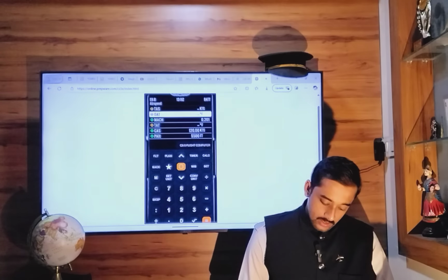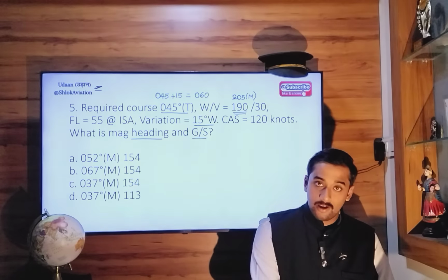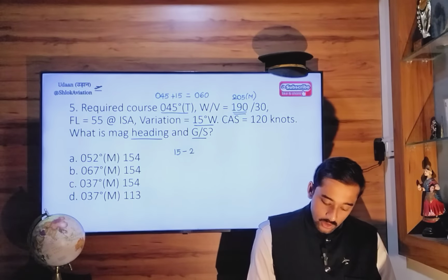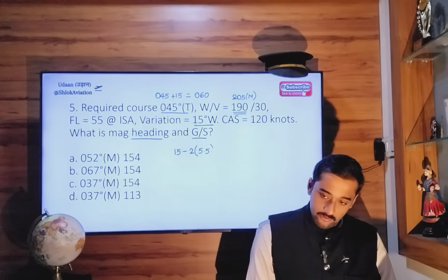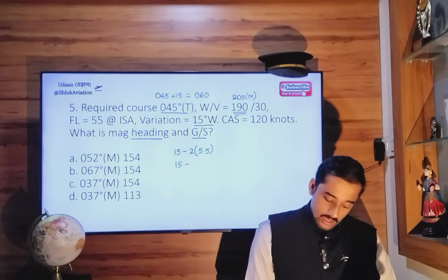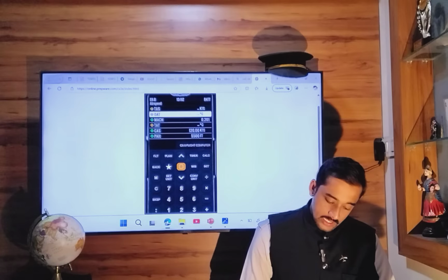Outside temperature is how much? Now outside temperature at flight level 55 in ISA conditions will be 15 minus 2 into 5.5. So 15 minus 11, which is 4. So outside temperature is 4 degrees Celsius.